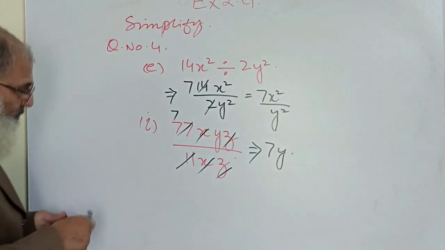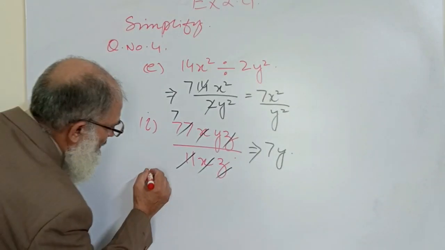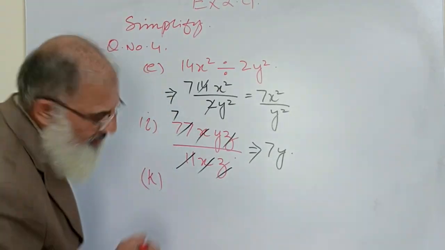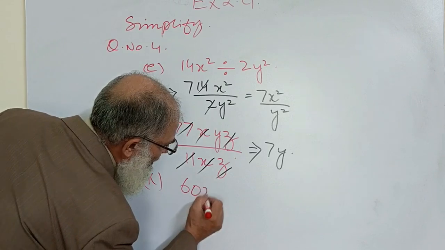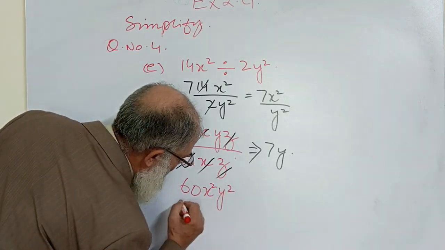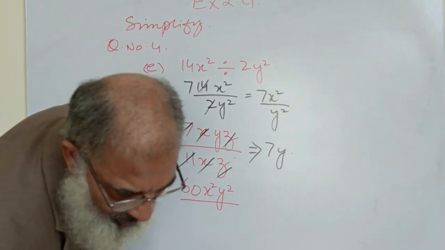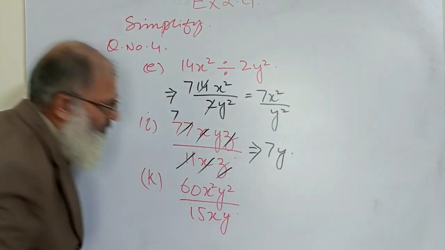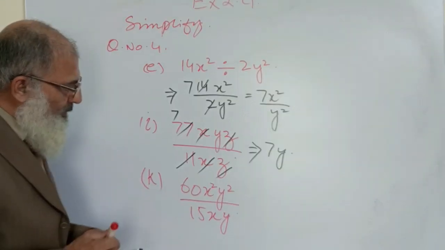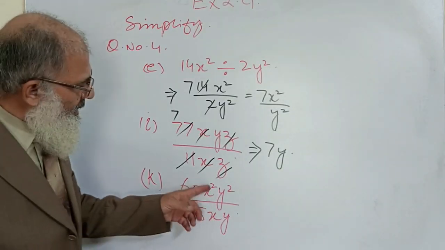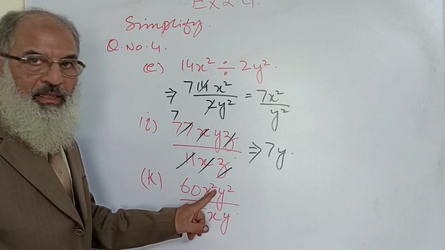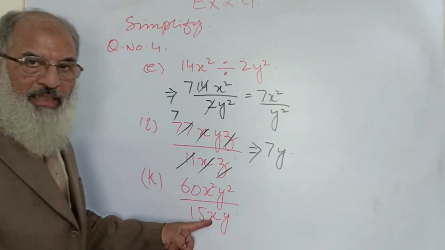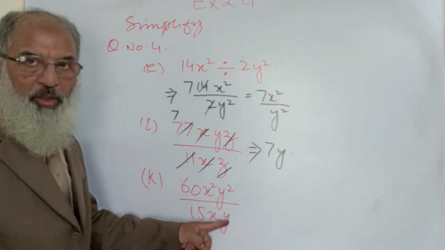Part K is 60x square y square, divided by 15xy. Just as I told you, this x is raised to power 2, this y is raised to power 2, and this x is raised to power 1, y is raised to power 1.